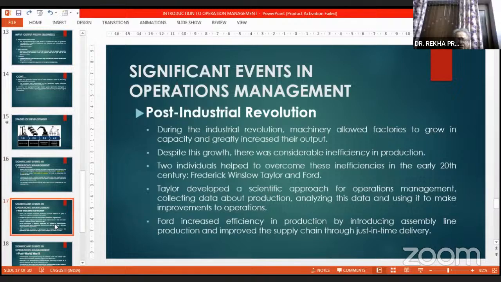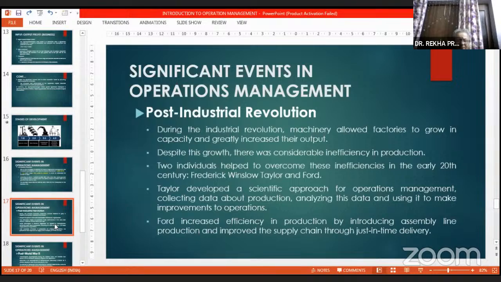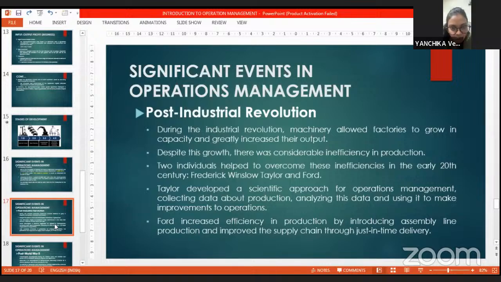Now post-industrial revolution. During the Industrial Revolution, machinery allowed factories to grow in capacity and greatly increase their output. Despite this growth, there was considerable inefficiency in production. Two individuals helped to overcome this inefficiency in the early 20th century: Frederick Winslow Taylor and Ford.